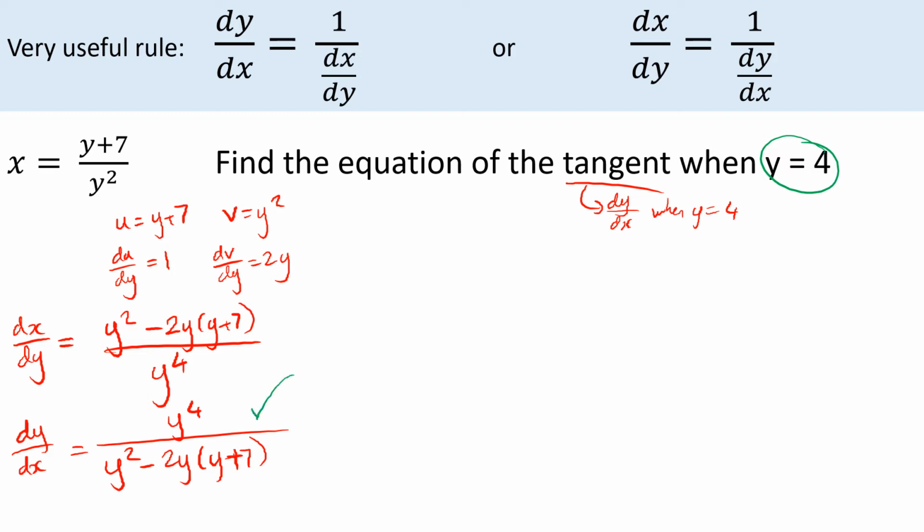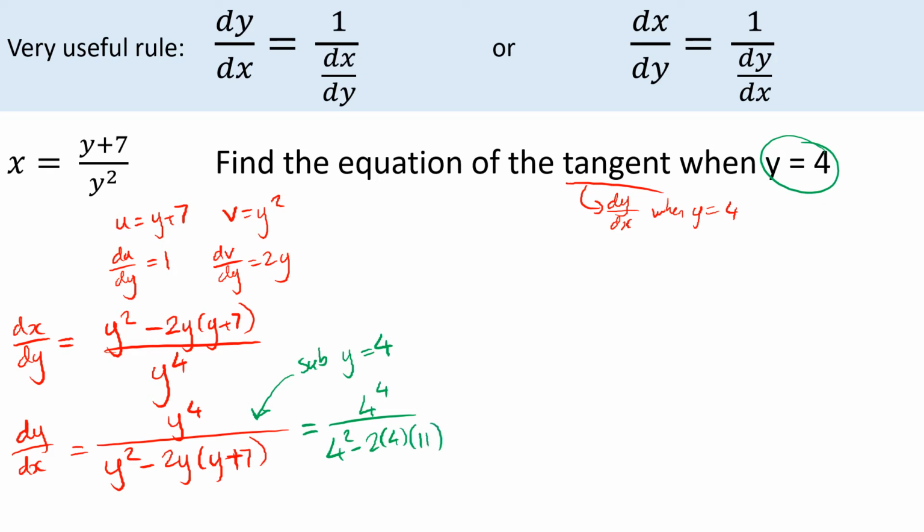So we are going to substitute in that y equals 4 to this, and that's going to give us that our gradient is 4 to the power of 4 over 4 squared minus 2 times 4 times (y plus 7), so times 11, which I'm just going to type in.